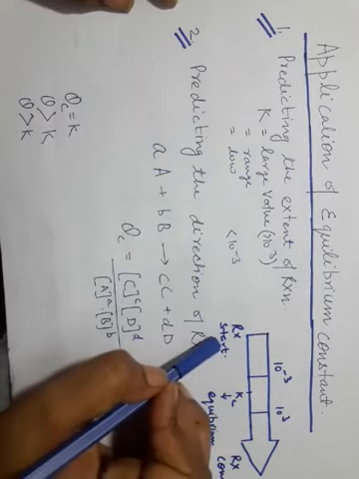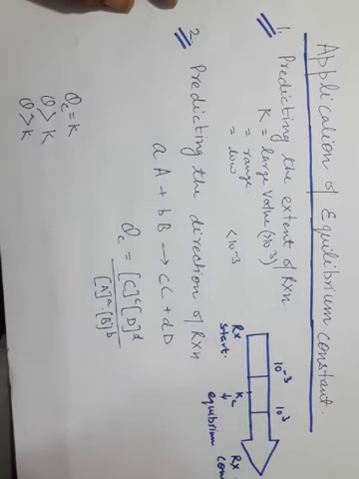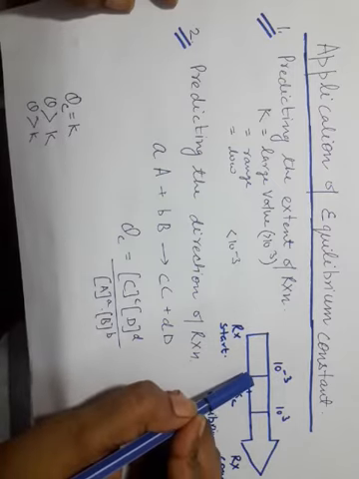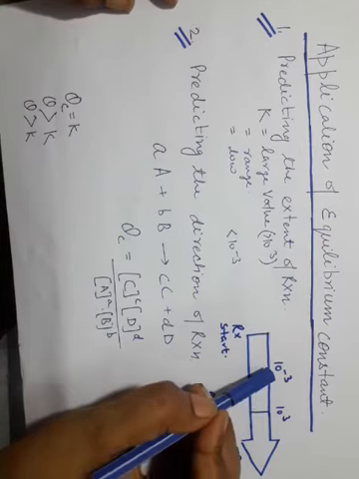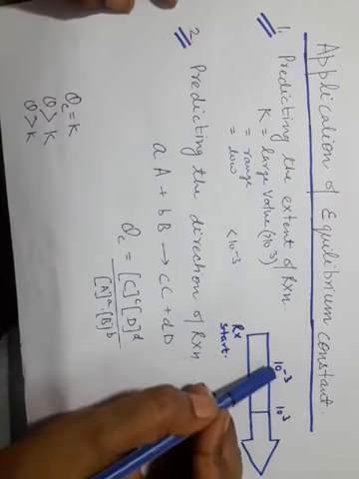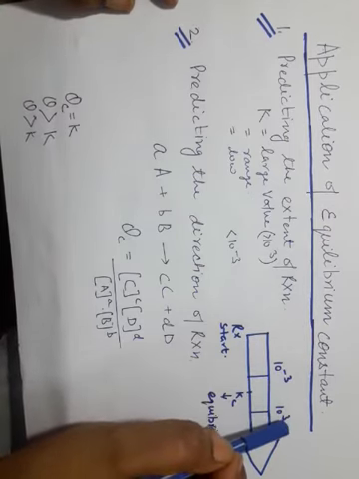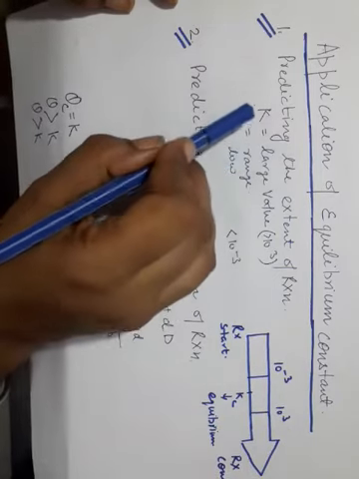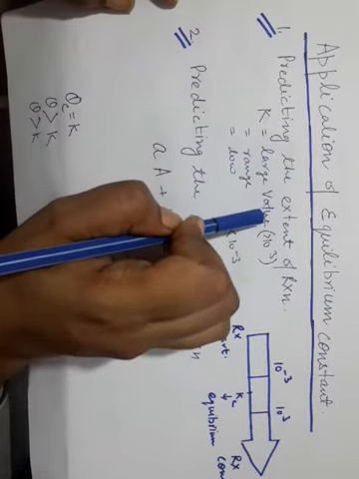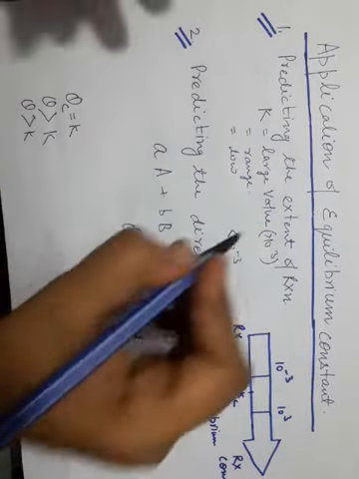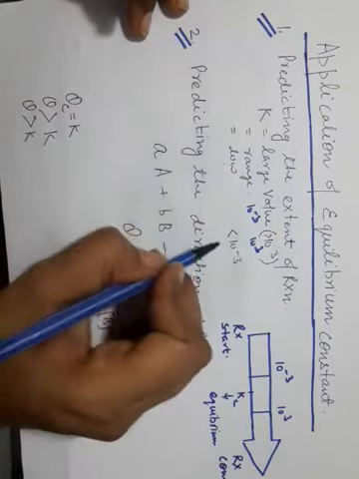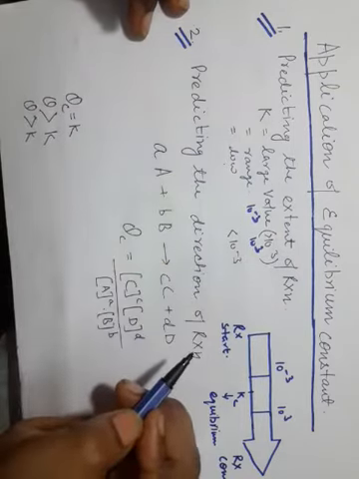The value of K in the start is very low, and when the reaction is complete, the value is very high. And when the equilibrium is approaching, the value ranges from 10 to the power minus 3 to 10 to the power 3. So there are three conditions: K having a large value, K in the range 10 to the power minus 3 to 10 to the power 3, and K less than 10 to the power minus 3.